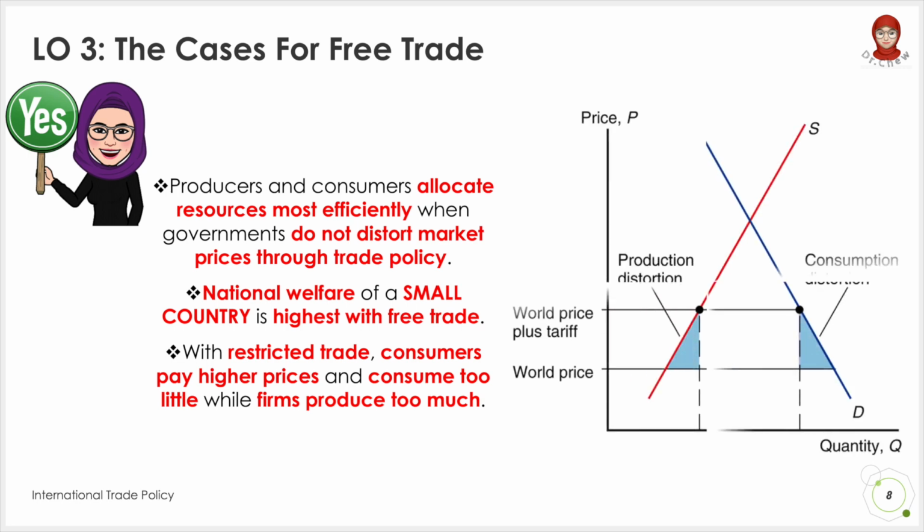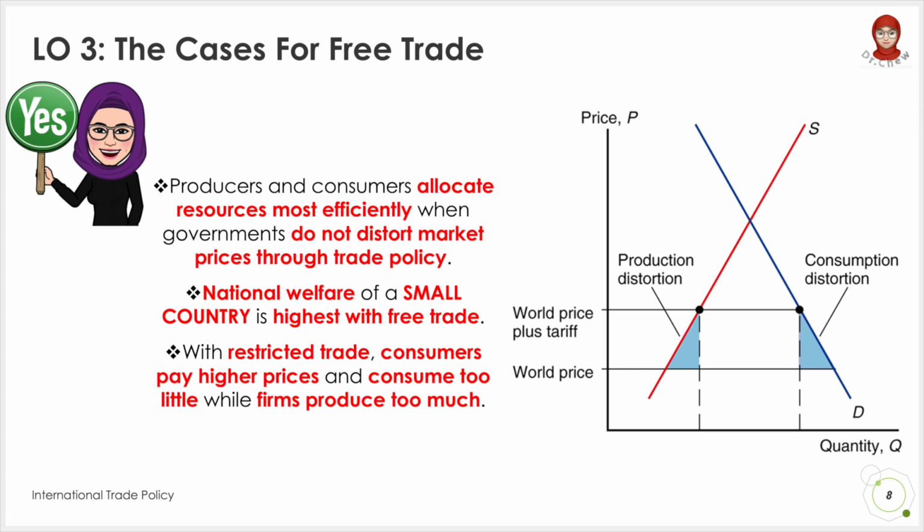We can see from this figure the case of a small country which cannot influence foreign export prices. A tariff causes a net loss to the economy, measured by the area of the two triangles in blue. It does so by distorting, changing the economic incentive of both producers and consumers.